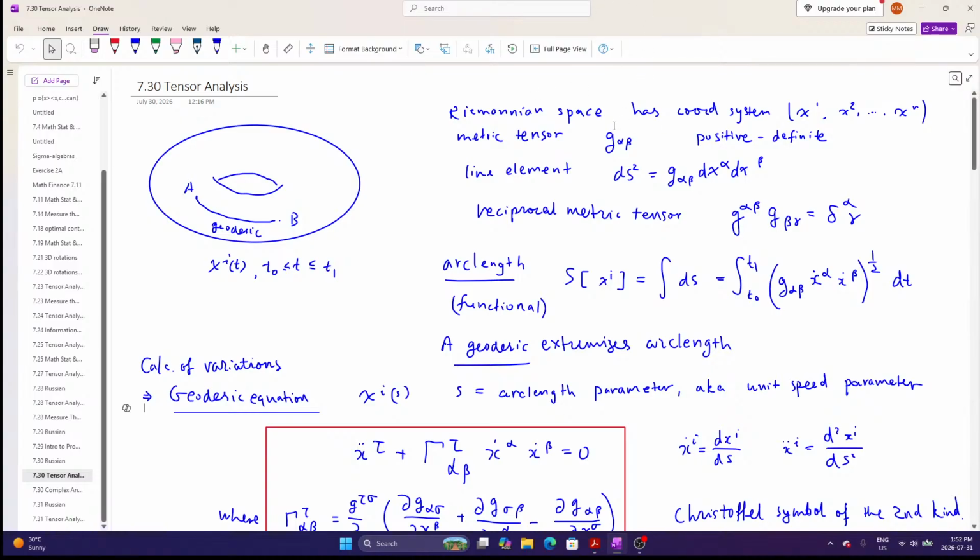And to do geometry, not only do you need a coordinate system, you also need something called a metric tensor. The metric tensor is very similar to an inner product in linear algebra. In linear algebra, a vector space on its own has only limited geometric meaning. It has only two structures, addition and scalar multiplication.